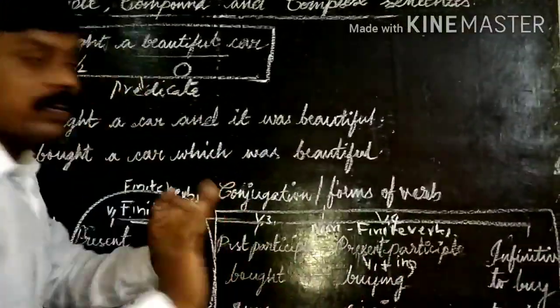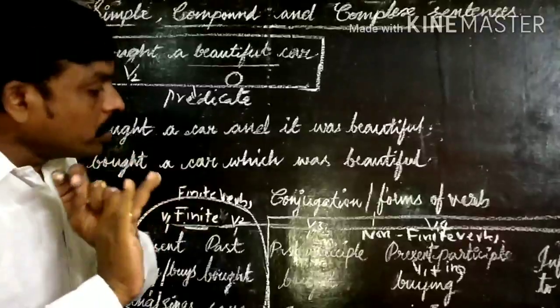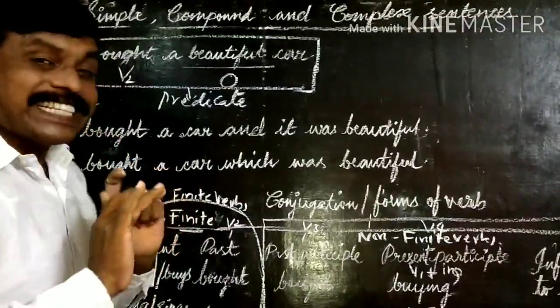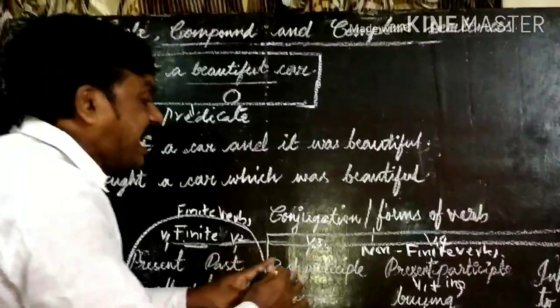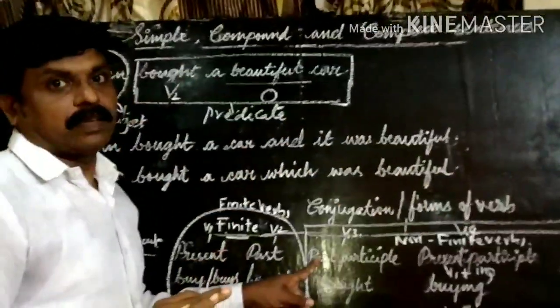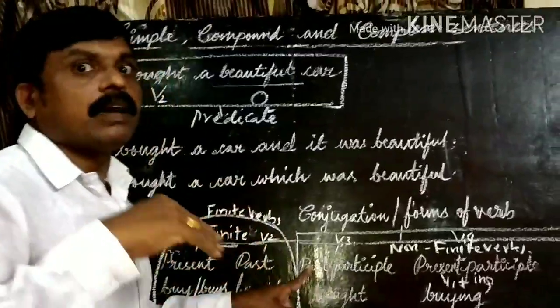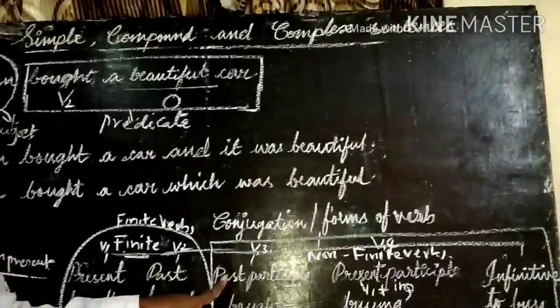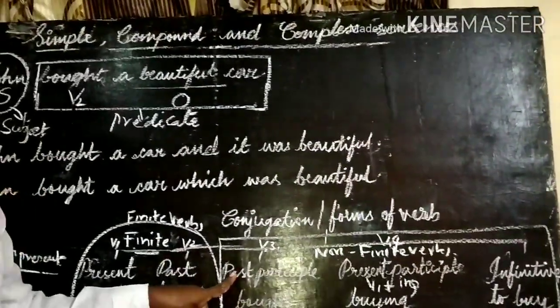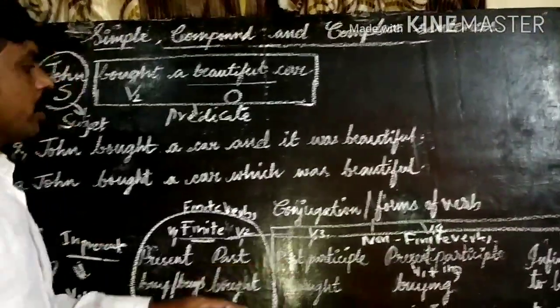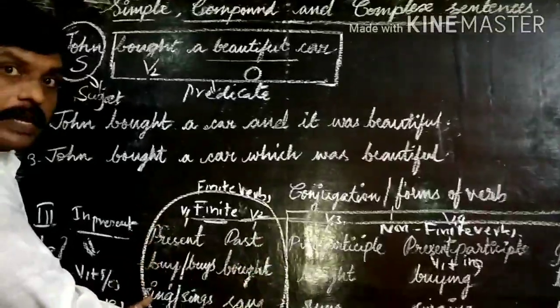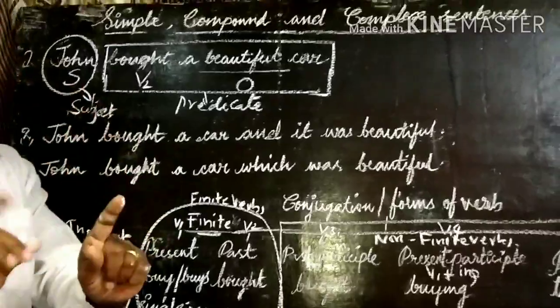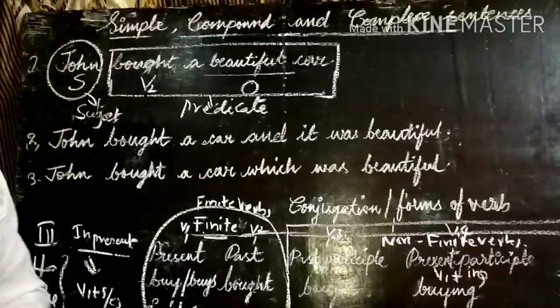The remaining forms do not express any fixed time, either future, present or past. They can be used in any tense. In the next videos I will make it very clear to make you understand better. For timing, observe carefully. The present and past forms of the verb are said to be finite verbs.